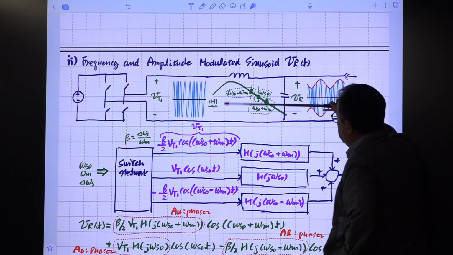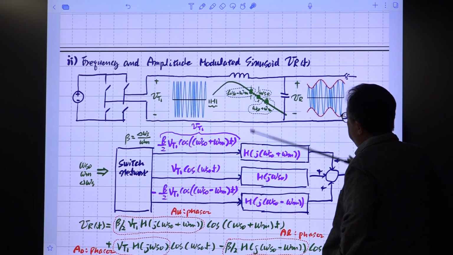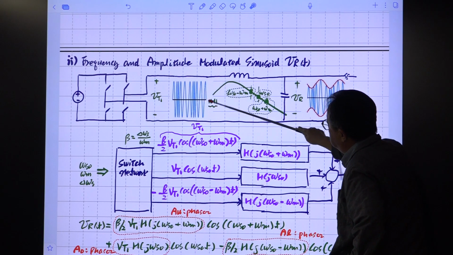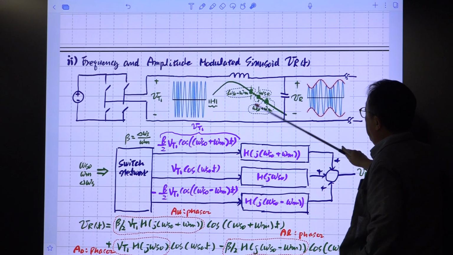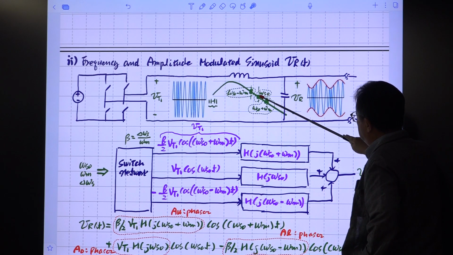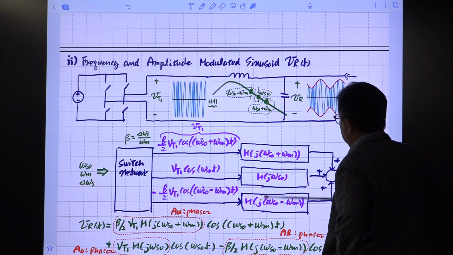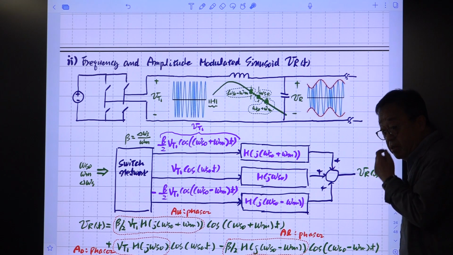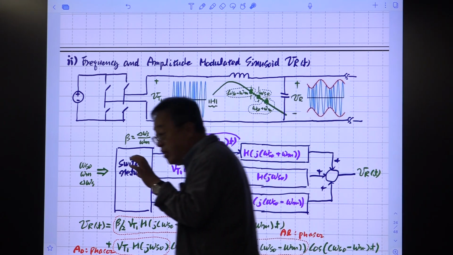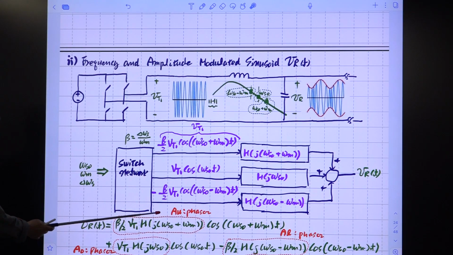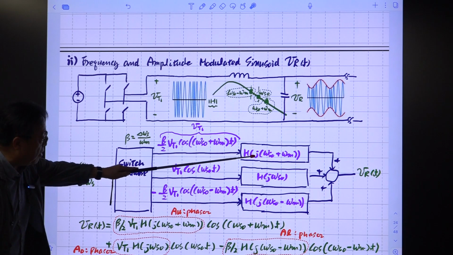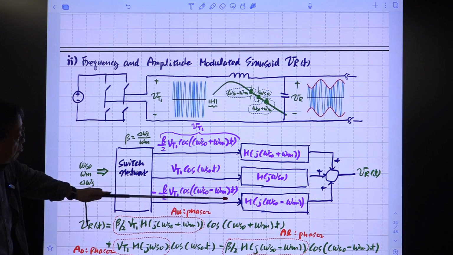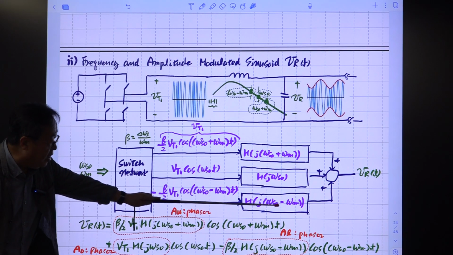The magnitude will be different: this is the magnitude of the tank transfer function H at the unmodulated switching frequency, and this one at the other frequencies. Then use superposition. The output is this input times this gain, plus this input times this gain, and another input times another gain term.